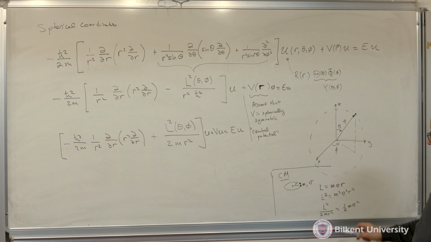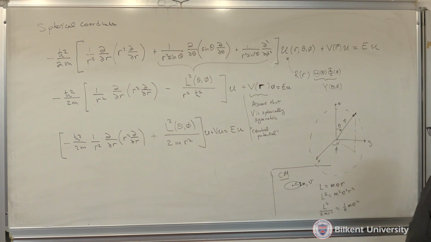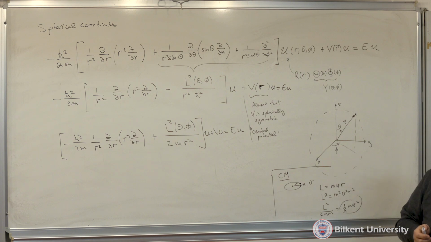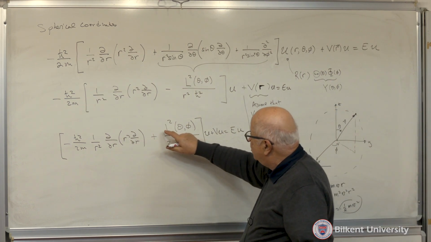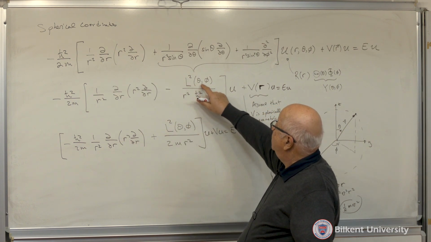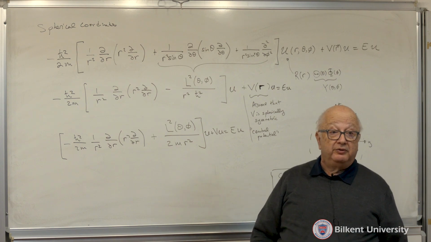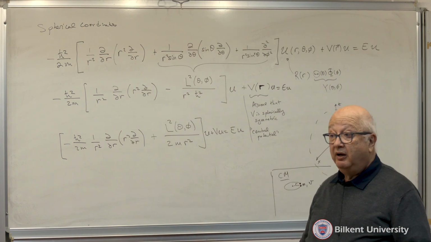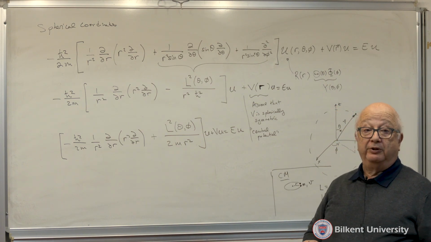You see, L squared over 2m r squared, when L is the angular momentum, gives you the kinetic energy of the particle due to its rotation. In fact, it turns out that this L squared thing that I have written here, which is an operator in terms of theta and phi, is the angular momentum operator.